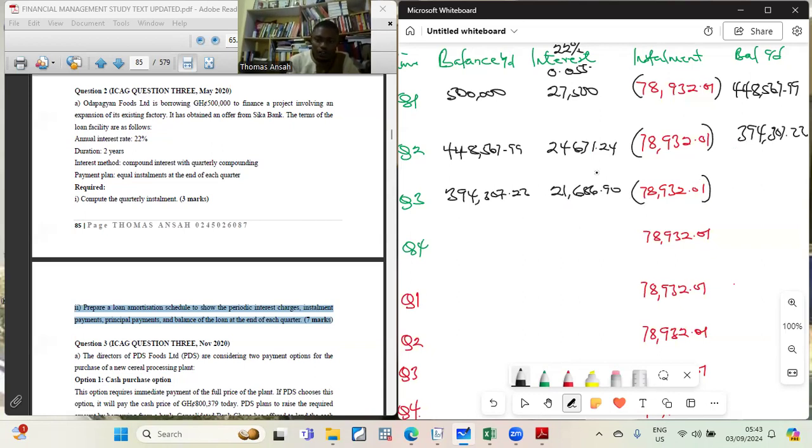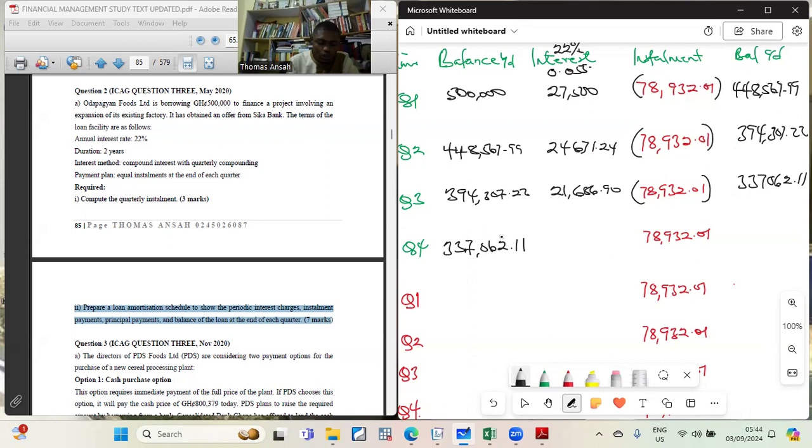Then I take off my periodic payment, 78,932.01. Then I add 394,307.22, and that gives me 337,062.11. All right, so we continue till we finish. 337,062.11.